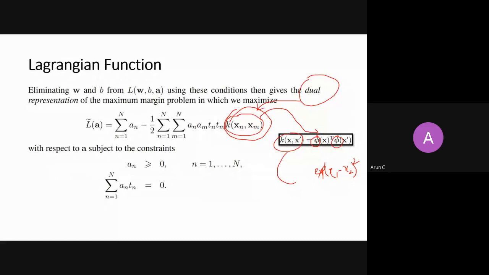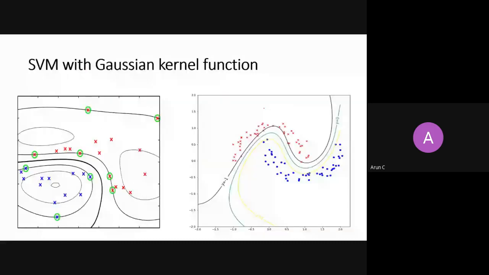Though I didn't have linearly separable data here, we applied a Gaussian kernel function and found a hyperplane. This dark curve shows the hyperplane, and these are the margins. These are the support vectors, which fall on those margins.